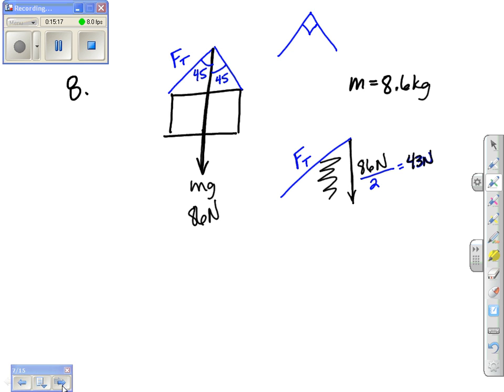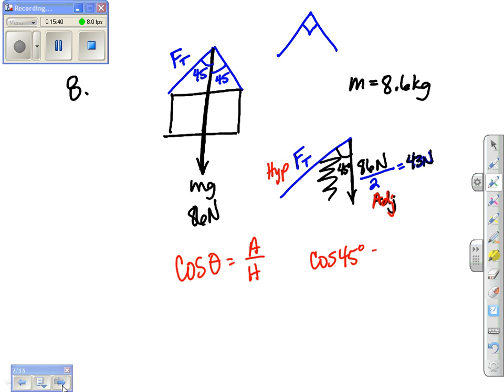If that's the case, and I know that the angle up here is 45 degrees, I can say that this side is my adjacent and this side is my hypotenuse. Adjacent and hypotenuse is cosine of angle equals adjacent divided by hypotenuse. So the cosine of 45 degrees equals my adjacent of 43 divided by my FT.